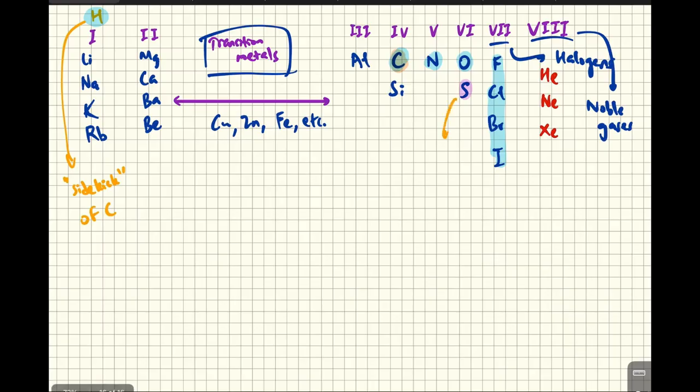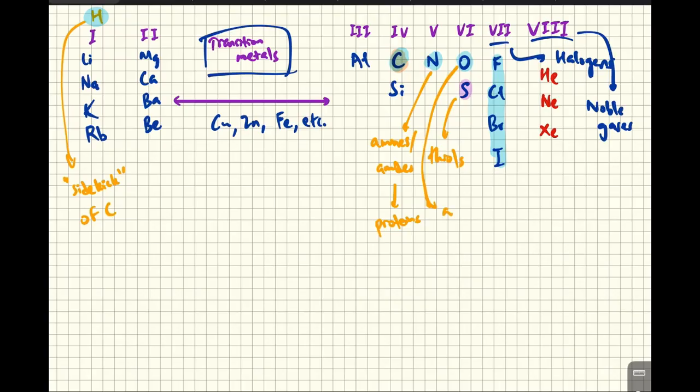Sulfur is what makes up thiols. Nitrogen is what makes up compounds like amines and amides. And this is important especially when you're looking at proteins in biochemistry. And oxygen is also another common one.